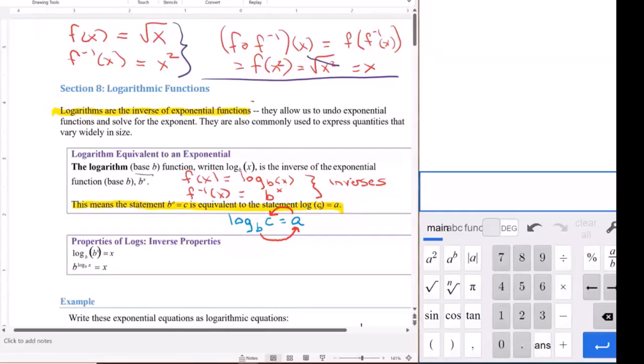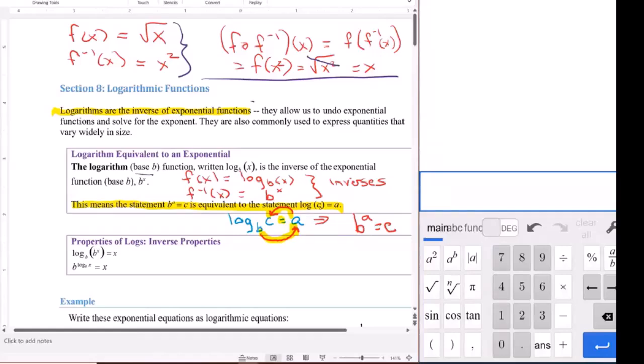You can kind of see we're going around. This is equivalent to b to the a equals c. So I go in this order: b to the power of a is equal to c. Whatever way you like, I don't care. I don't actually care which way you do things, as long as you do them properly.